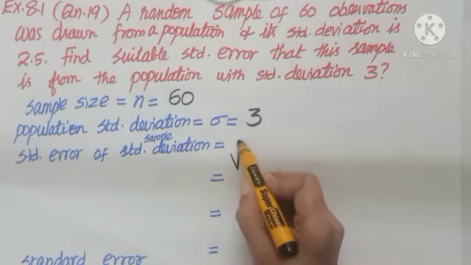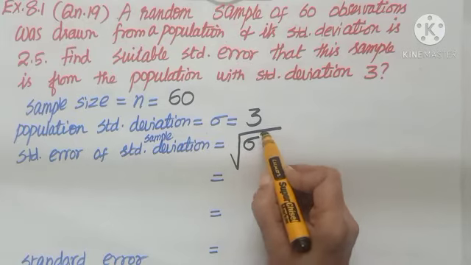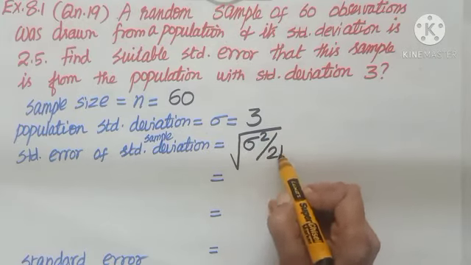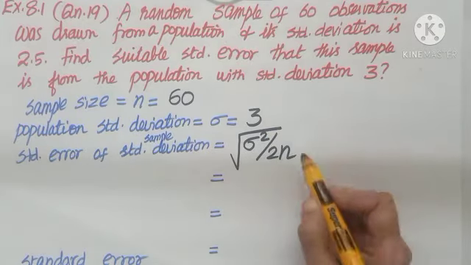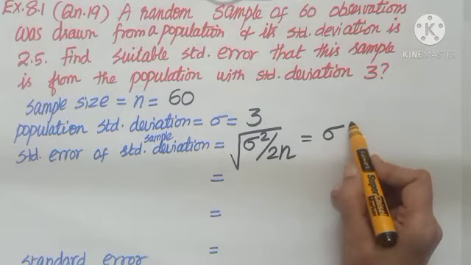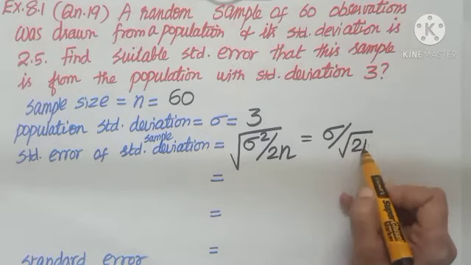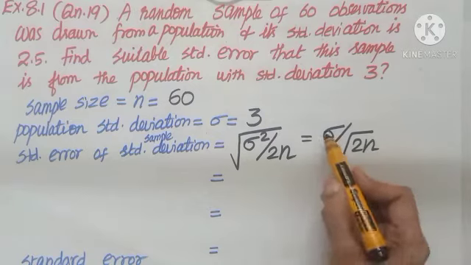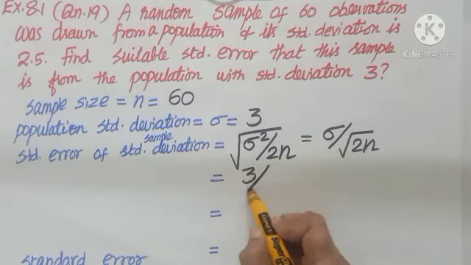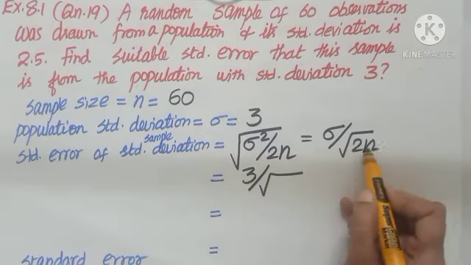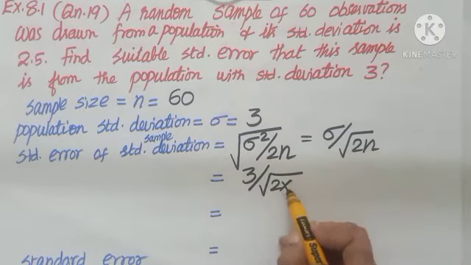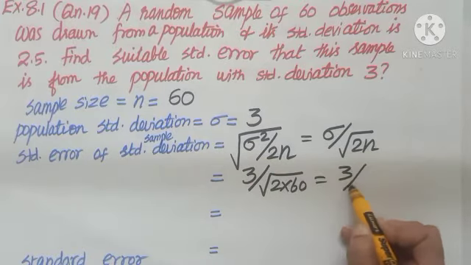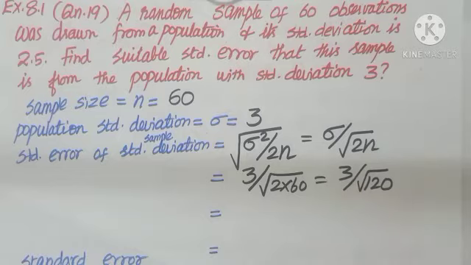What is the formula? Root of sigma square by 2n, or I can say sigma by root of 2n. What is sigma? 3 by root of 2n. 2 into 16, that is 3 by root of 120.